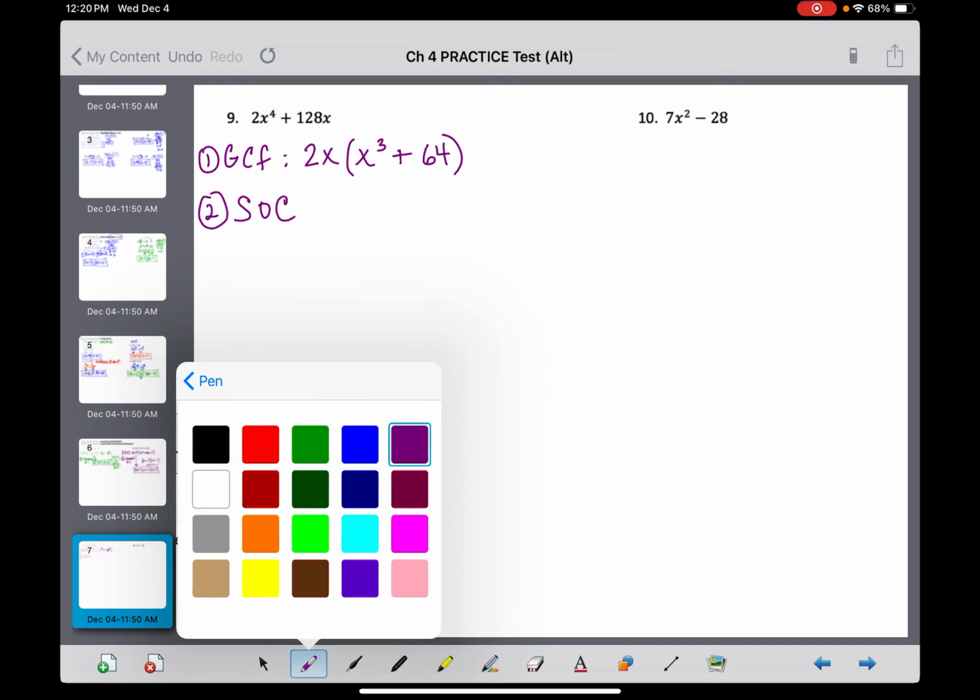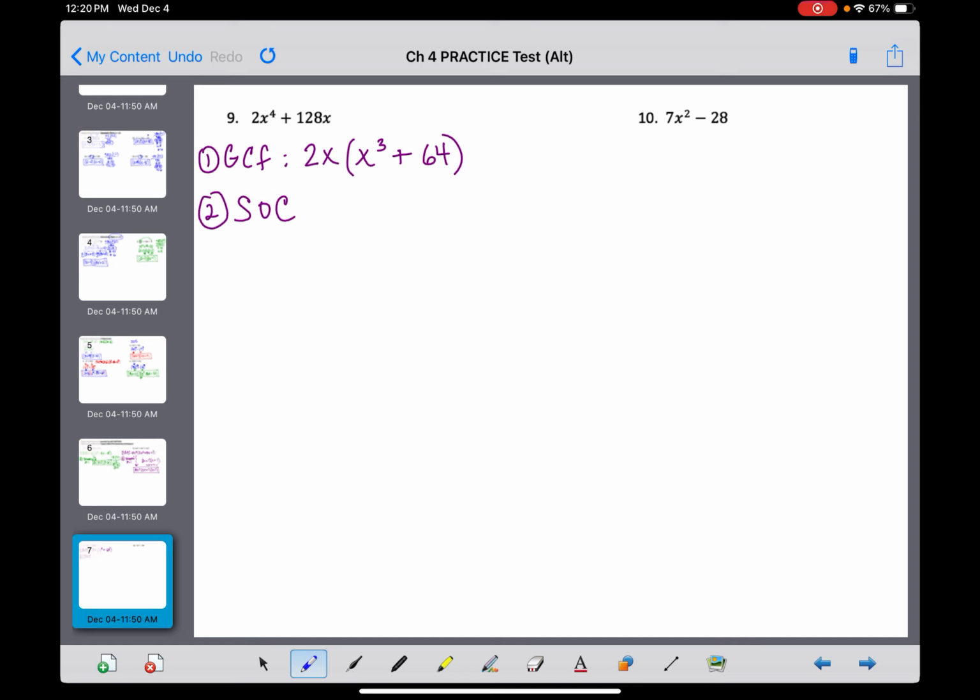So now I am going to use my blue sheet. I know that something cubed makes x cubed. Well, that's going to be x. So there's my A. And I know something cubed makes 64. Well, that's 4. So there's my B. And I know my factoring pattern is going to be A plus B, A squared minus AB plus B squared, right?